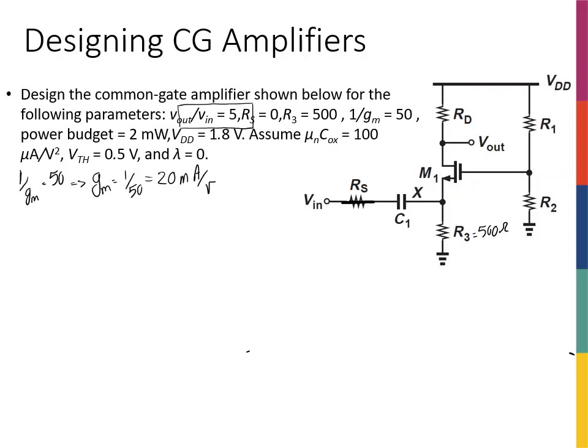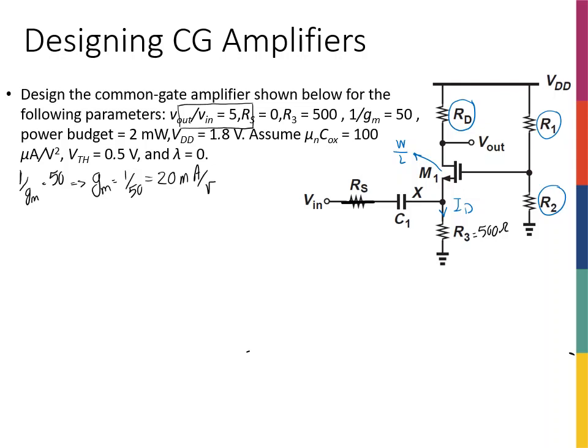And some other parameters are given. So mu n Cox is given, the threshold voltage is given, and lambda is 0, so there's no channel length modulation. So what is not given? We have to find out what RD, R1 and R2 are, the current flowing through the transistor, the DC current ID, and of course, for the transistor, we know mu n Cox, but we don't know W over L, the geometry of the transistor.